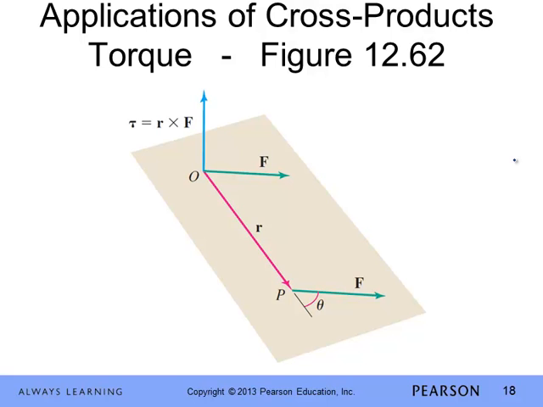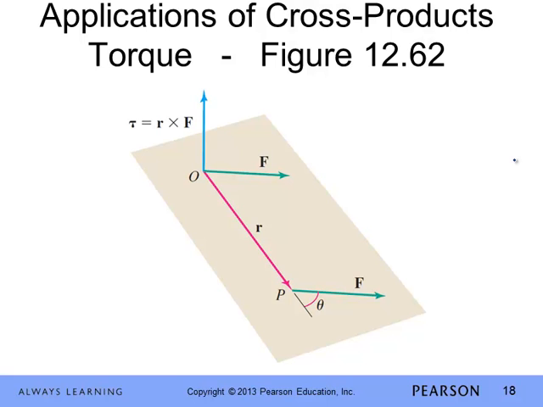That points from where the actual twisting is happening, basically where the bolt head is, out to the end of the lever. That's what r is.